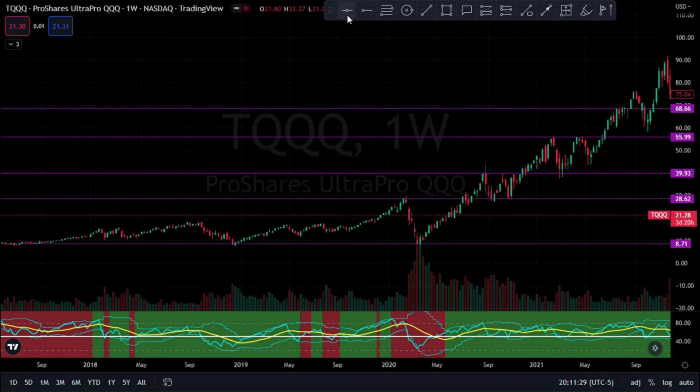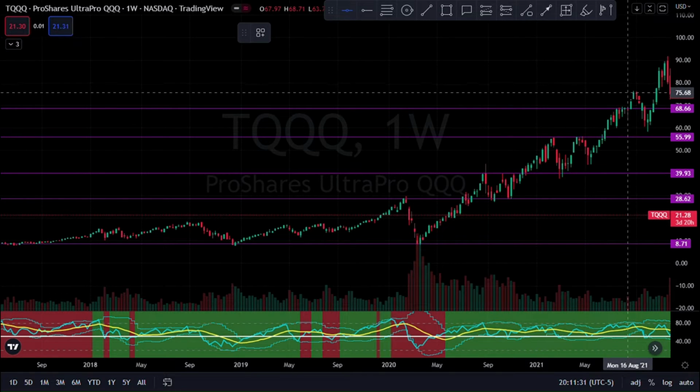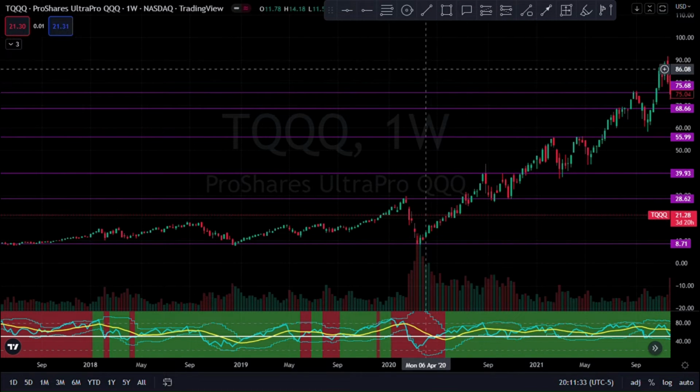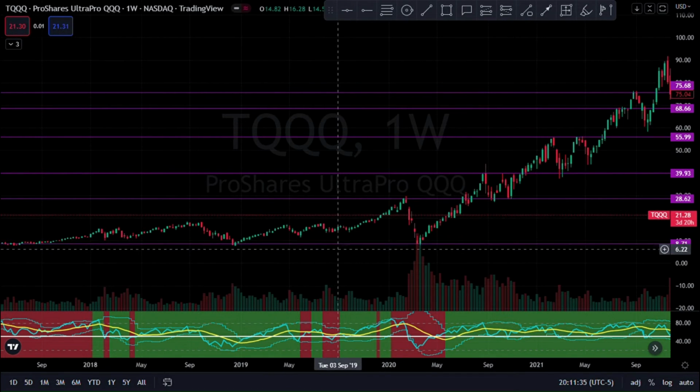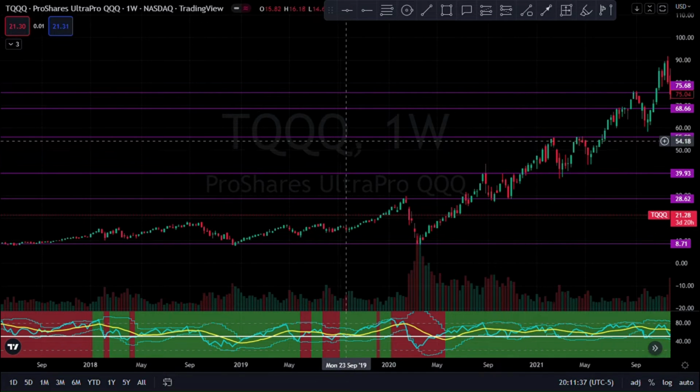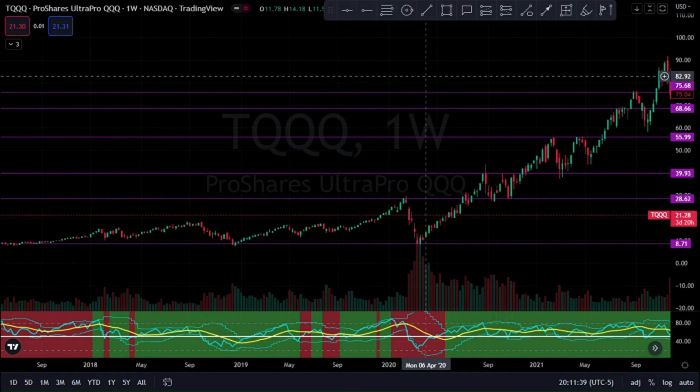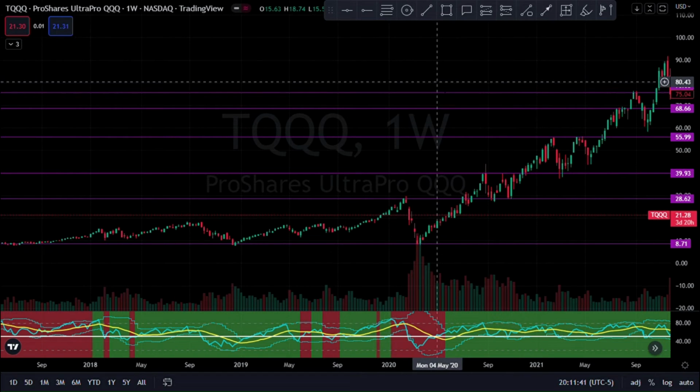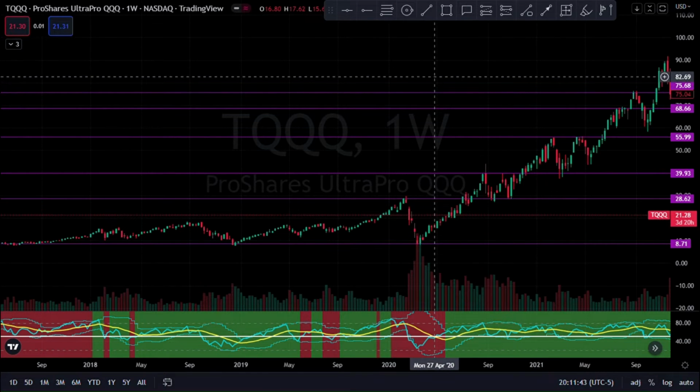I'll do one more because I do see another area right here. So if you're asking yourself, well, why do all these lines? I have 6 areas that I'm looking at for price action reaction. When price action gets here, I'm looking for either a bounce or a pass through.